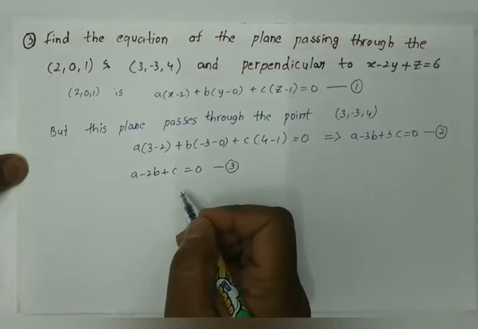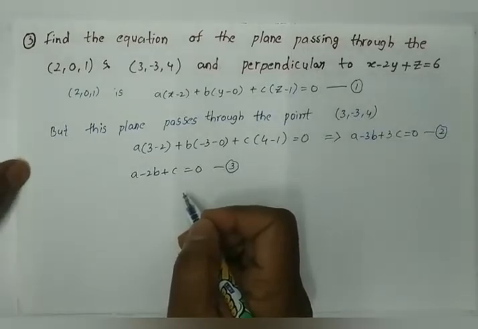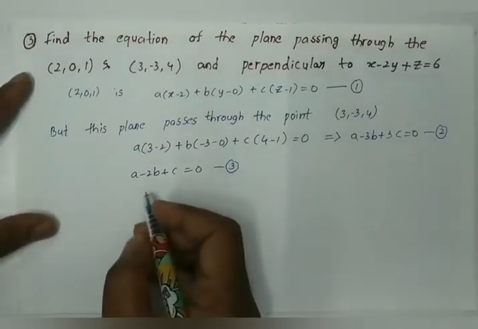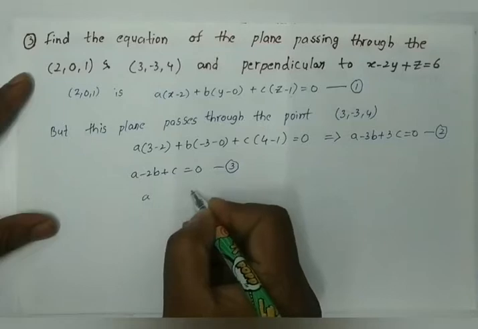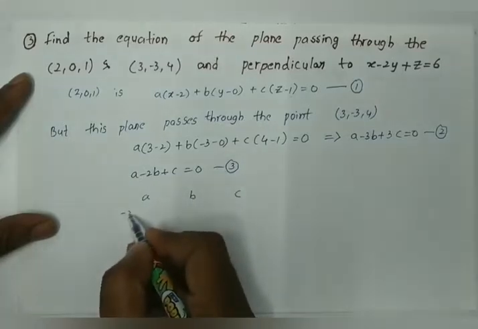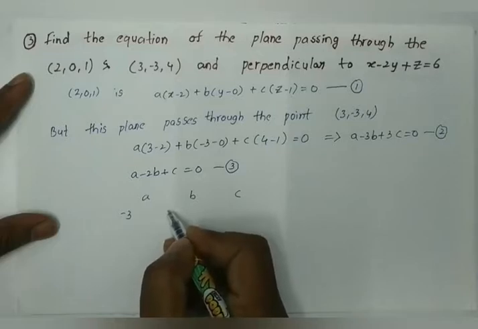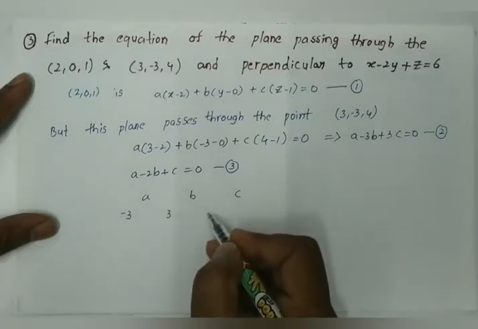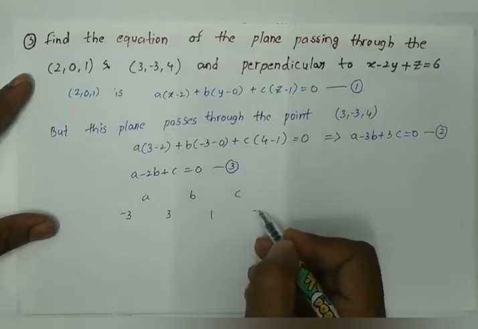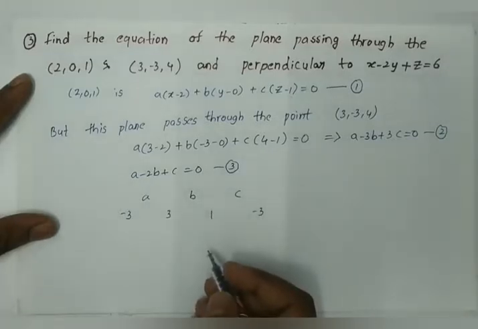Now let us solve equations 2 and 3 by using the cross multiplication rule. So here this is a, this is b, this is c. This is -3, this is 3, this is 1, this is -3.